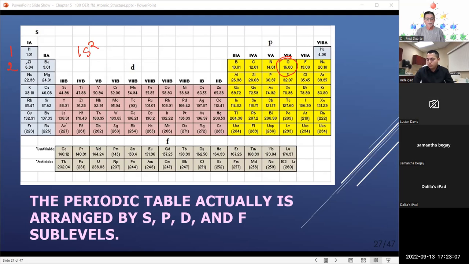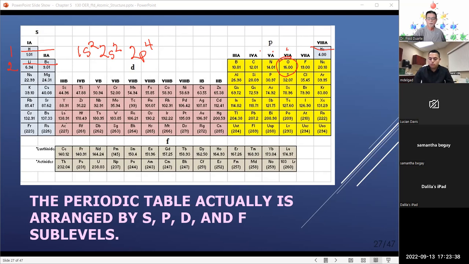Then I know that the 2s2 is filled up because I'm going across the periodic table. Then I count the column because now I know I'm in the P columns here, the P elements, and I know 1, 2, 3, 4. It's in the fourth column of the P's. So that's the electron configuration of oxygen. You see that?